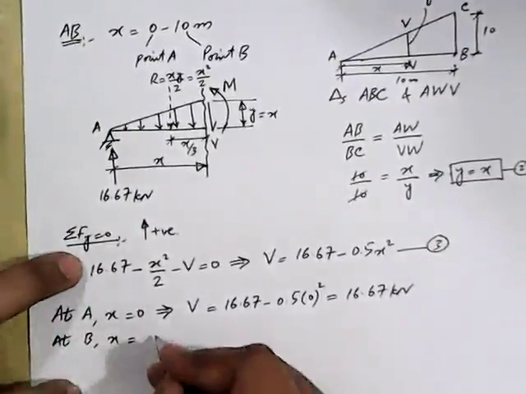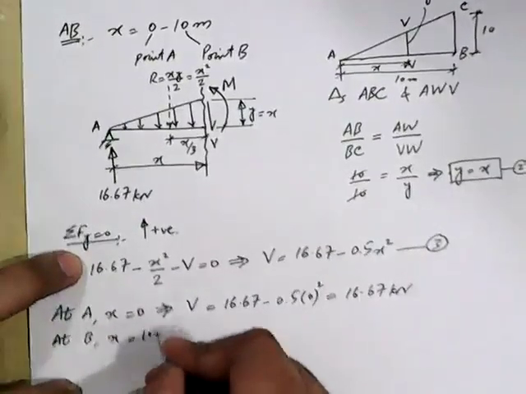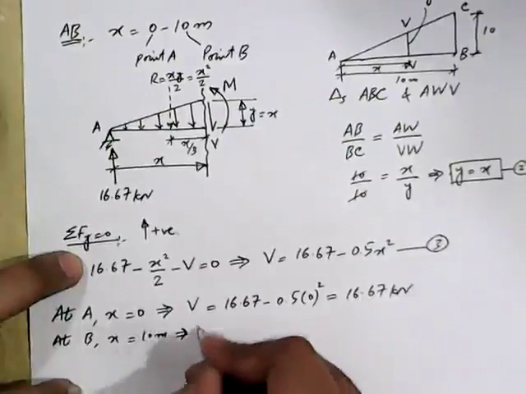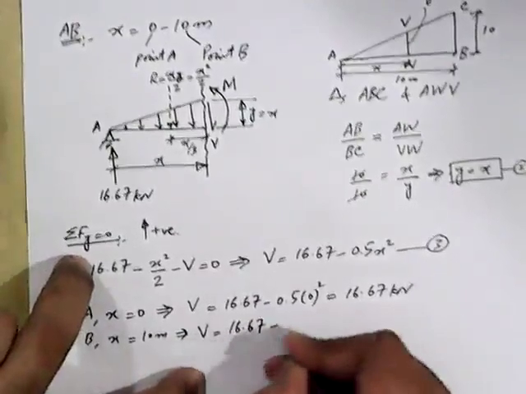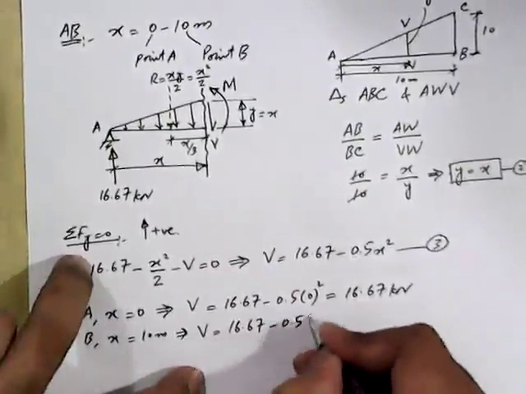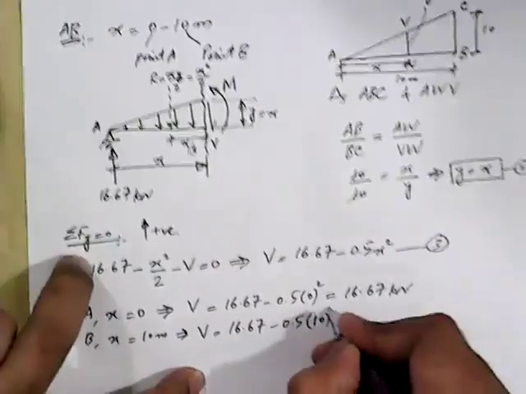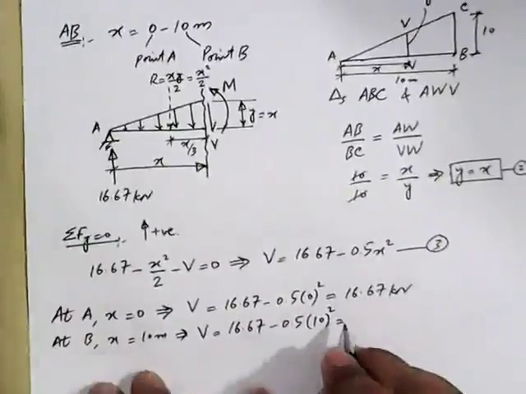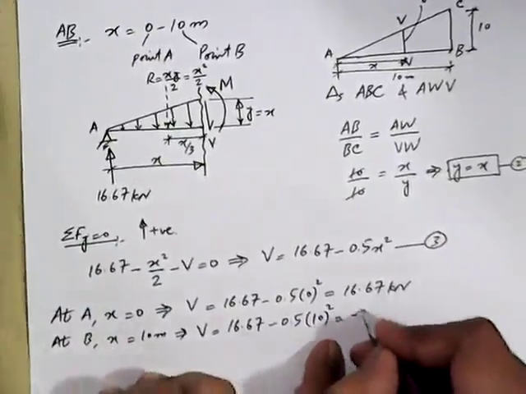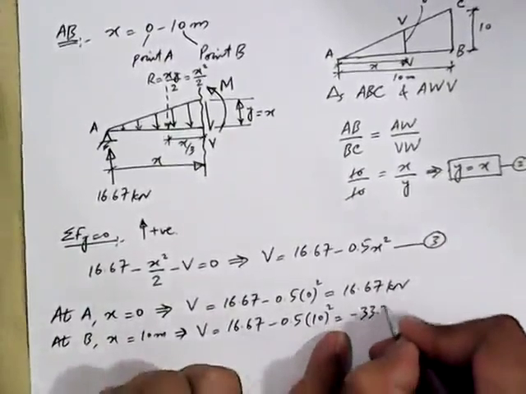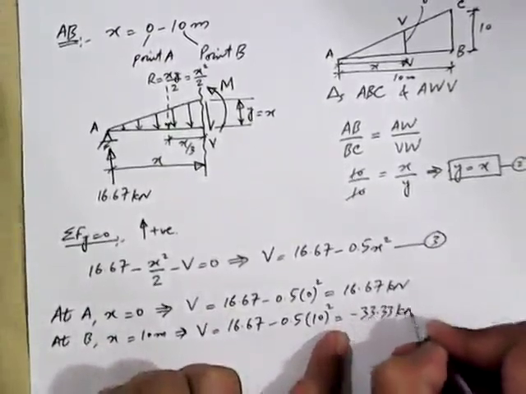And at B, x is equal to 10 meters. So this implies V is equal to 16.67 minus 0.5 into 10 square, and this gives us minus 33.33 kilonewton.